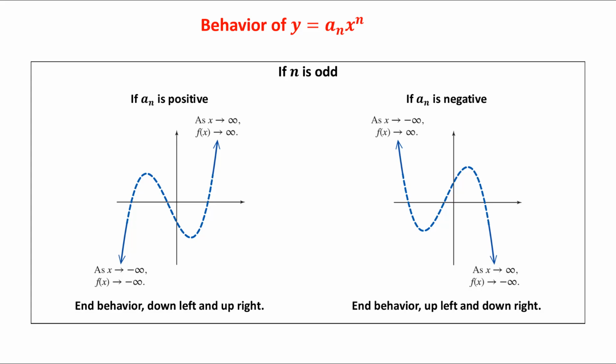If you have an odd power on x, that means if you put in a positive number for x, you're going to get a positive number. If you put in a negative number for x, you're raising it to an odd power, so it'll be negative. So if the leading coefficient is positive, then if you put a positive number in for x, on the right side of the y-axis where all the x's are positive, as x approaches infinity, you're multiplying a positive number by a positive number, and you're going to shoot up towards infinity.